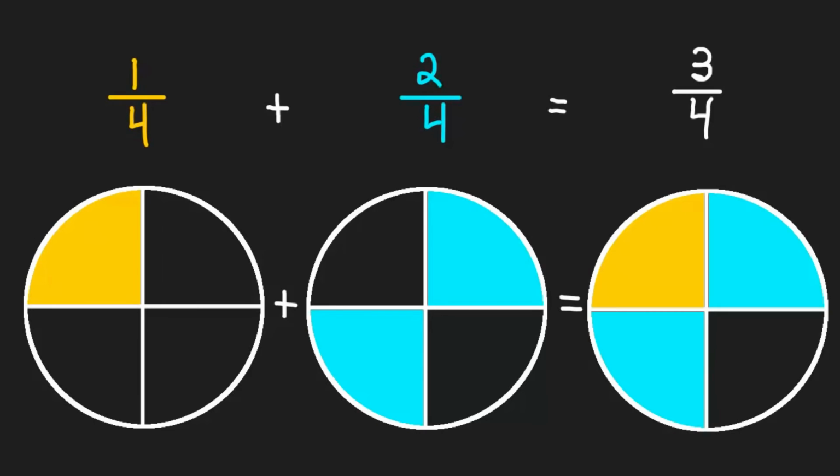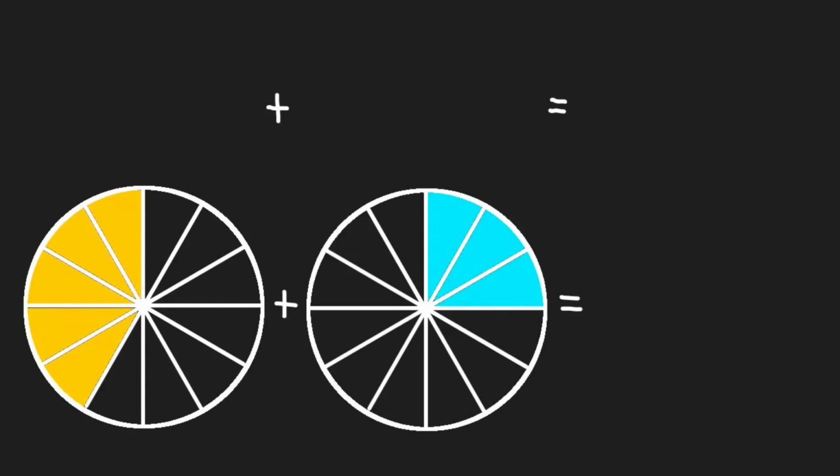Okay, let's just look at another quick example. So let's say we have here 5 out of 12 pieces, and we're adding 3 out of 12 pieces.